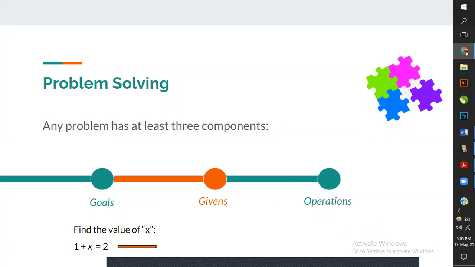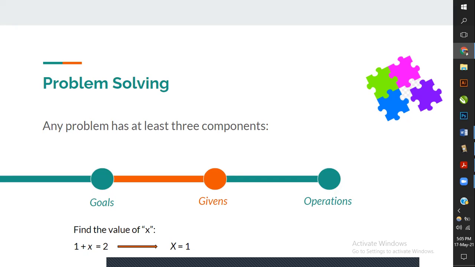For example, we have an example there which says find the value of x, right? We are given a linear equation, 1 plus x equals 2. Our goal here is to find the value of x. Some students will mentally know that the value of x is 1, and some will have to work to get that value.